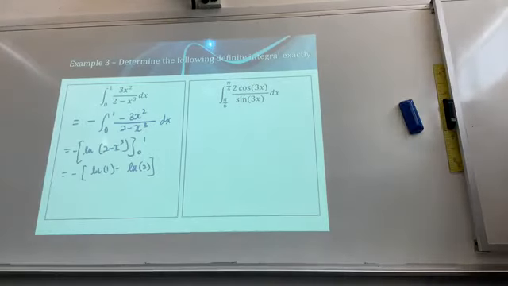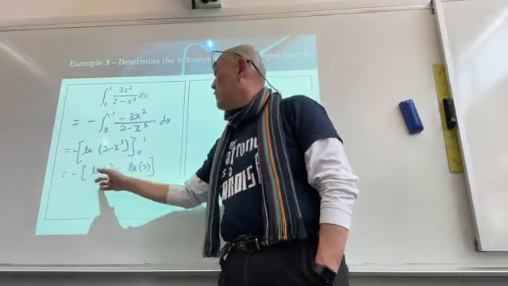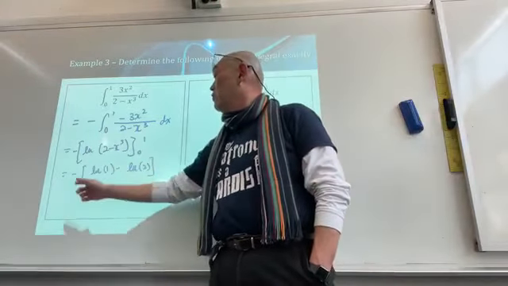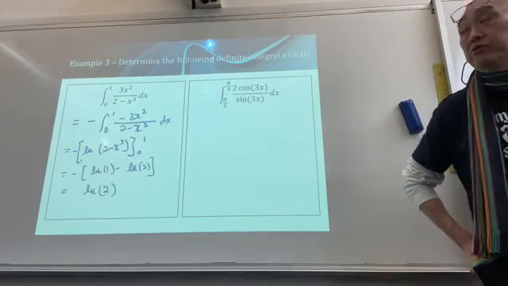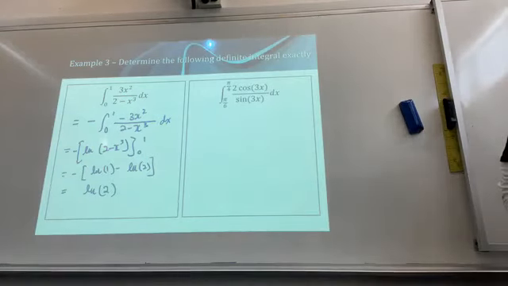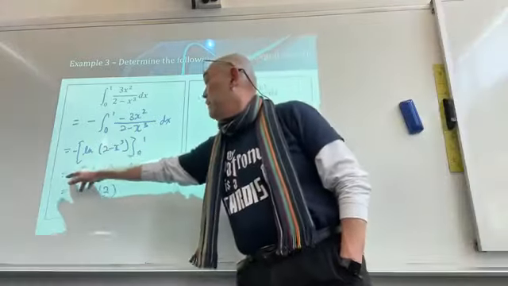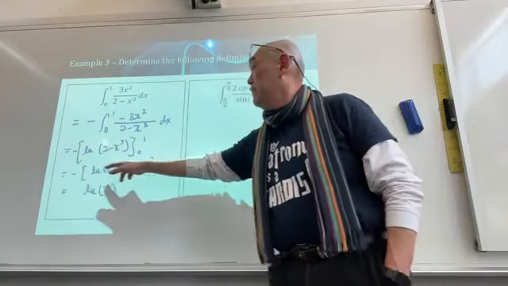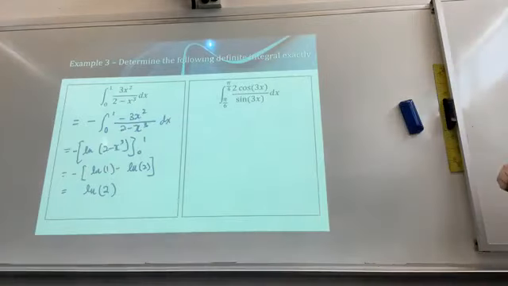Write it with your bracket so that you know eventually it will become log 2 take away log 1, which is just log 2. You must recognize how to simplify that. So, negative times negative, that's positive. Positive take away 1, and it's 2 divided by 1, so it's log 2.